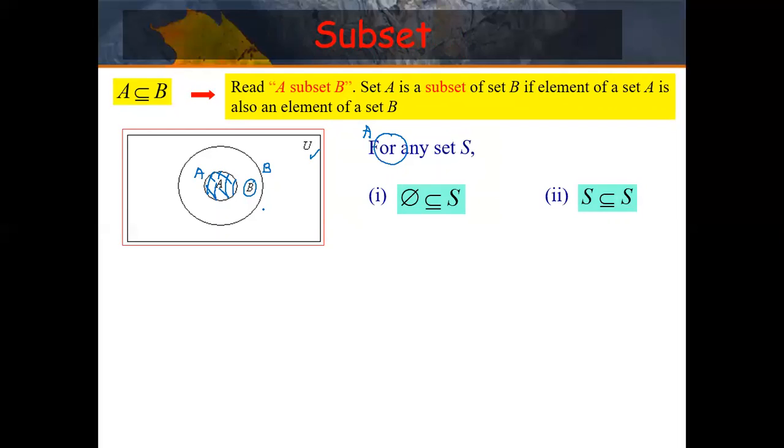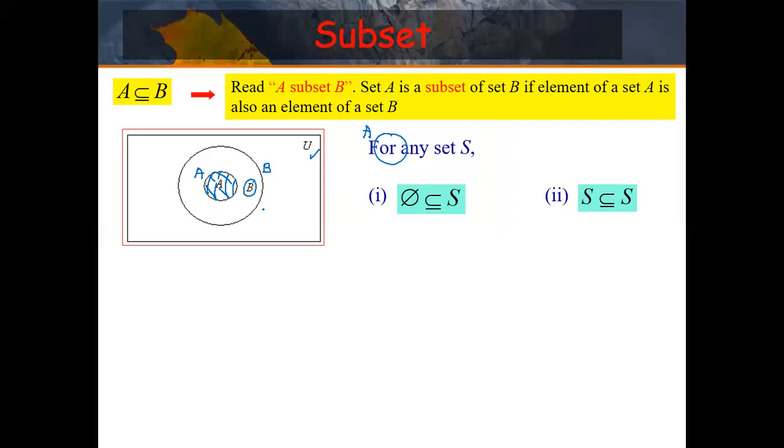For any set, in general we use S. For any set we use S. The first one is the empty set is a subset of S. The empty set is a subset of any set. S stands for any set.